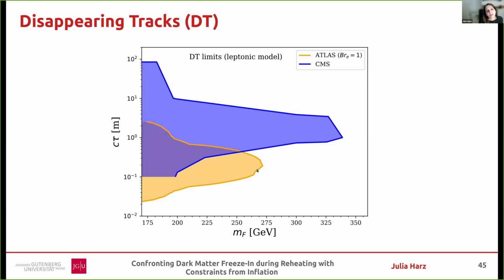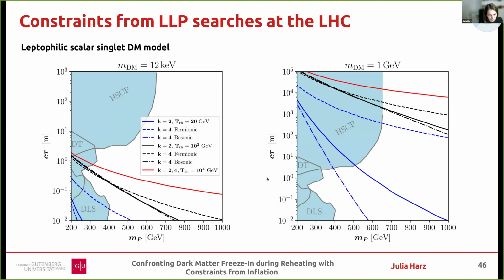So, bottom line, we took all these different searches into account, and then you can basically combine everything. This is actually what I want to stress, and this is this plot here. What you see is the parent particle mass and the decay length for the leptophilic scalar singlet dark matter model. We fixed the dark matter mass.